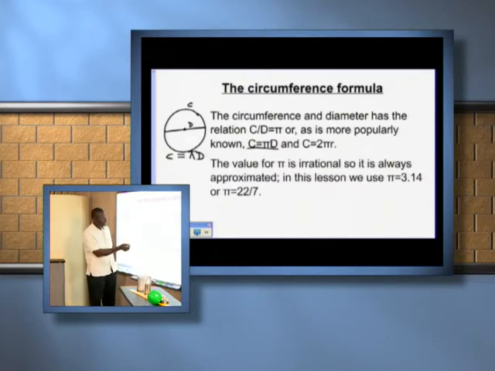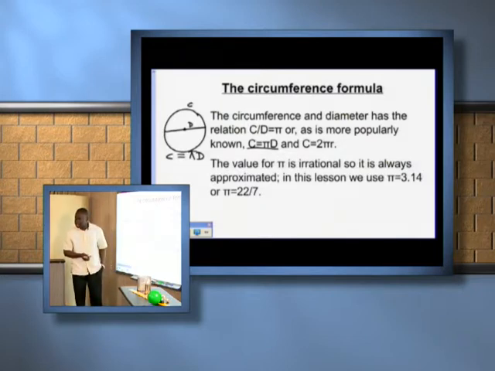Okay? The equations mean the same thing, right? C divided by D is equal to pi is the same as C is equal to pi times D.